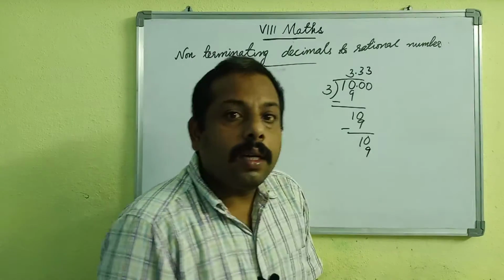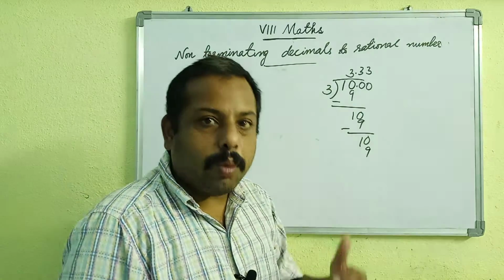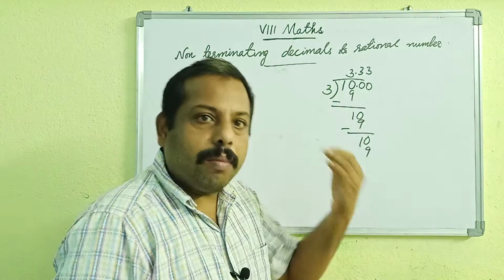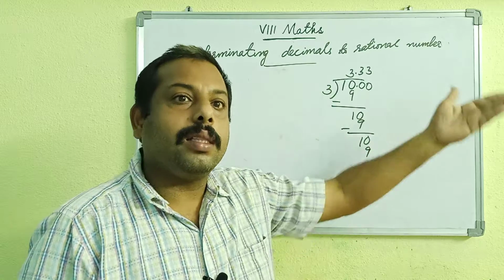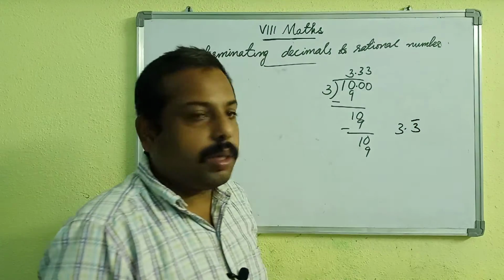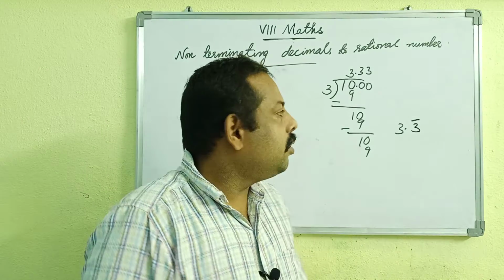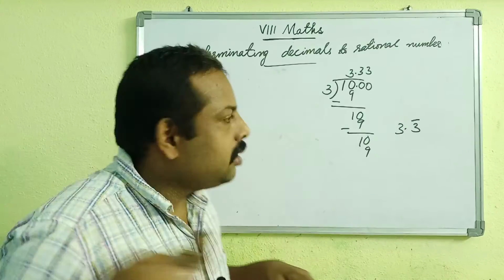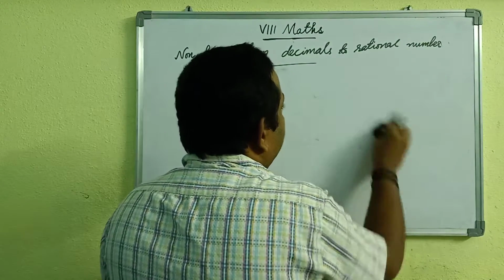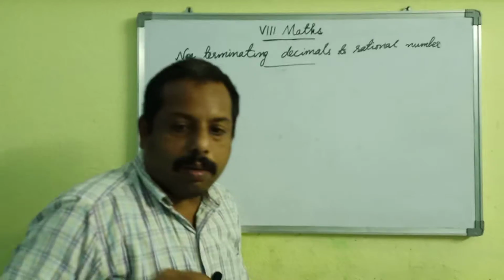What do you understand? The division process is not ending. That means we will get the answer as 3.333333 like that. That means we say 3.3 bar. Because if any number is repeated, we put it as 3.3 bar or 0.3 bar or 1.27 bar likewise.